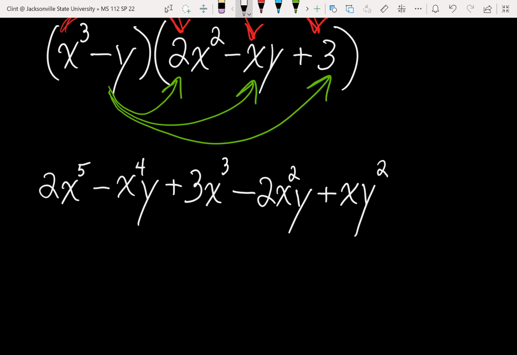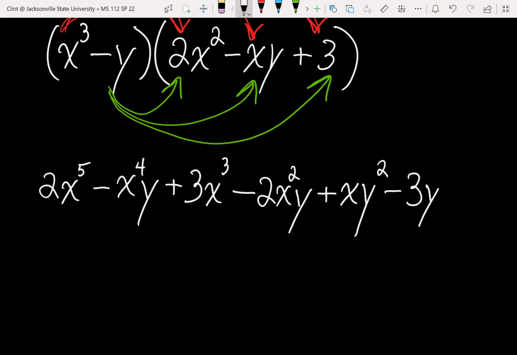Again, the last one's a little easier. Negative y times 3 is negative 3y. And let's see, do we see any like terms? I don't. This one is x to the fifth, and we don't have any other x to the fifths.